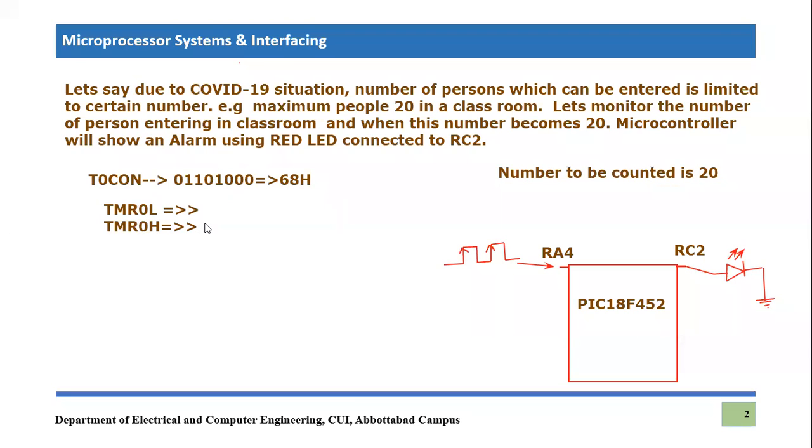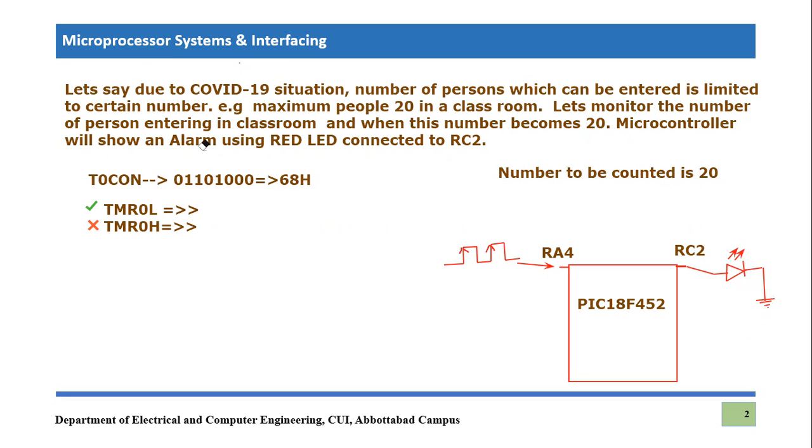We won't be using it because it's an 8-bit number. We will need only the timer 0L register. Only timer 0L will be used, and timer 0H won't be utilized because we are not considering a 16-bit mode, right? We are just going to use the timer 0L register.